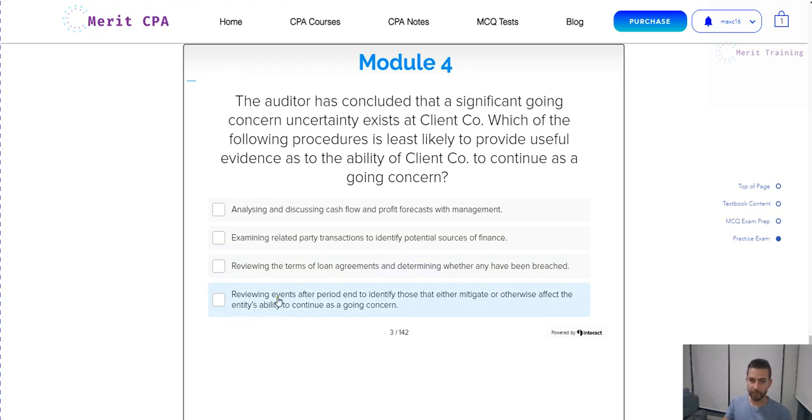And then finally, D, reviewing events after period end to identify those that either mitigate or otherwise affect the entity's ability to continue as a going concern. So this is definitely important. It even specifically mentions going concern in the answer. Just because we're looking at historical financial information in the audit doesn't mean that something hasn't happened immediately after the end of the financial reporting period which might threaten the going concern of the company.